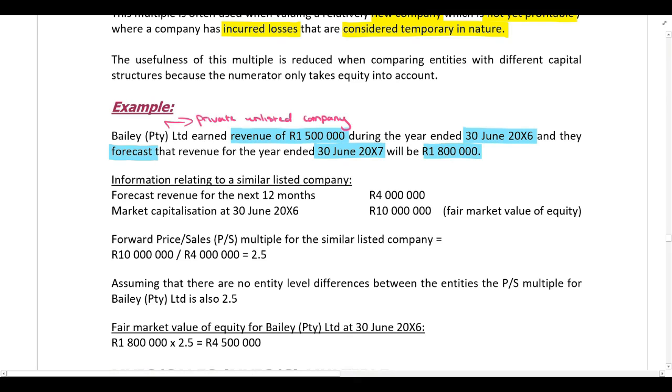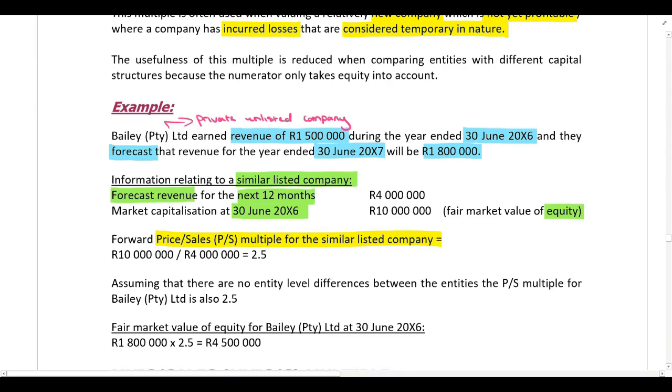Then I've given you information relating to a similar listed company, their forecast revenue for the next 12 months, and their market capitalization. Remember, market capitalization is just the value of equity, and that is the value at the 30th of June 20X6.